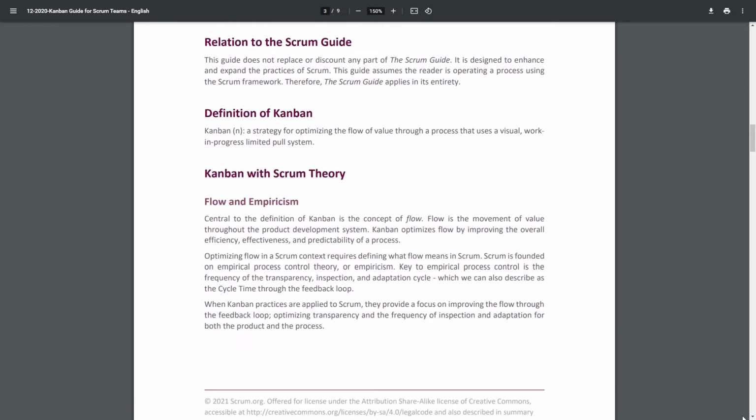Key to empirical process control is the frequency of the transparency, inspection, and adaptation cycle, which we can also describe as the cycle time through the feedback loop. When Kanban practices are applied to Scrum, they provide a focus on improving the flow through the feedback loop, optimizing transparency, and the frequency of inspection and adaptation for both the product and the process.